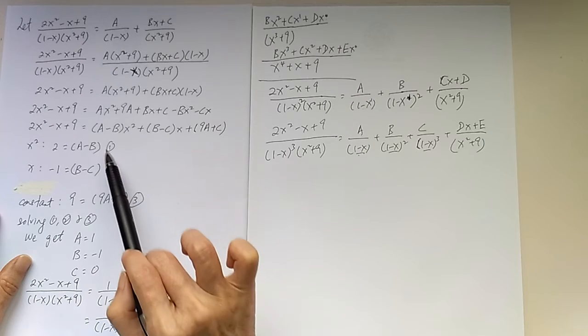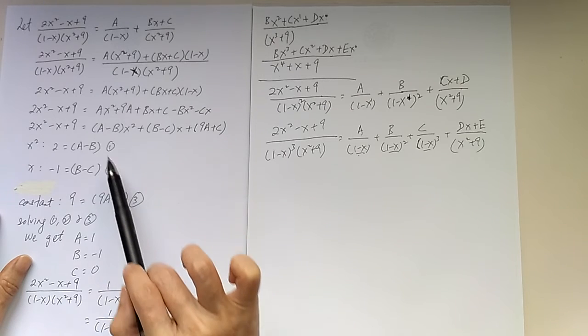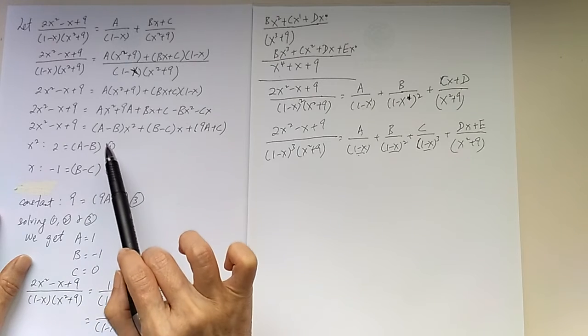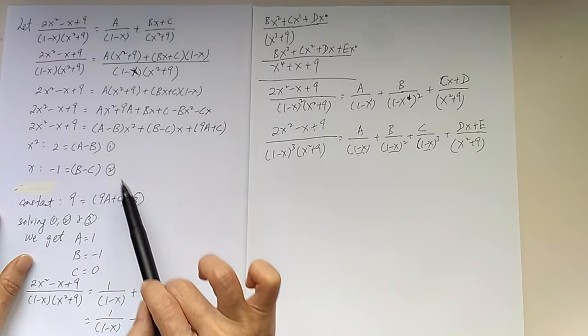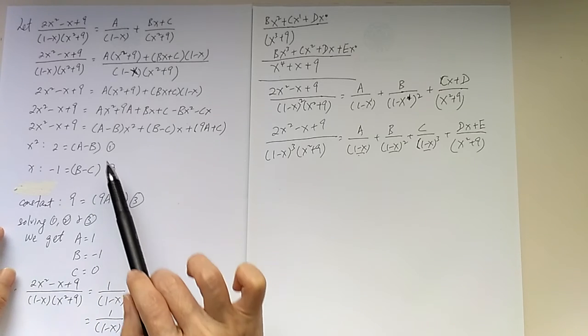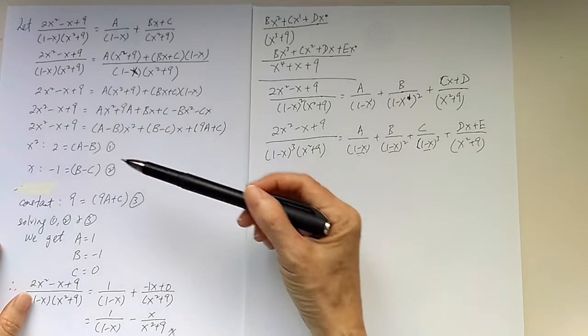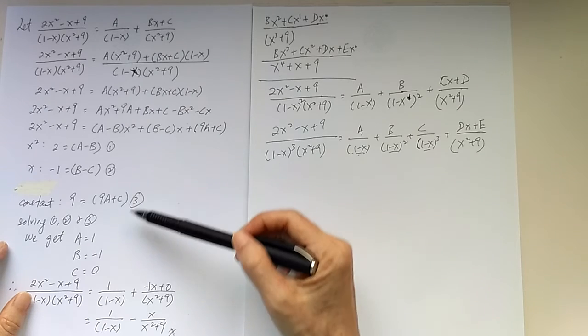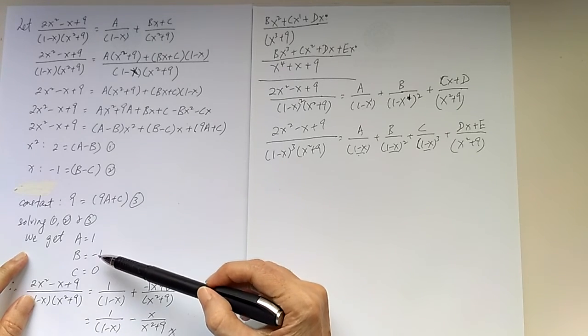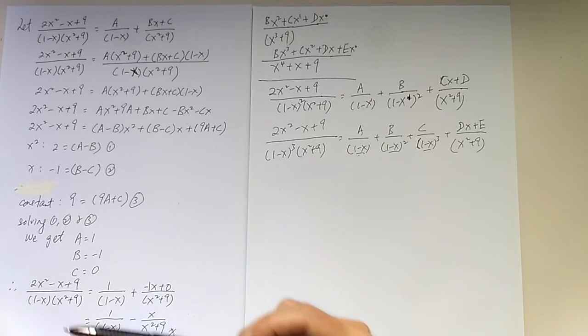So we have three equations. We can find the unknowns A, B, C by solving the three equations simultaneously. It's not too difficult to solve the three equations simultaneously. We get A equals 1, B equals minus 1, and C equals 0.